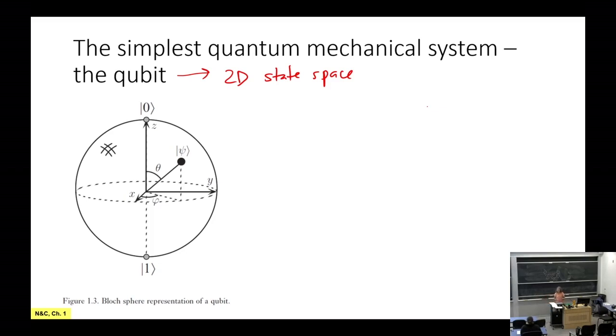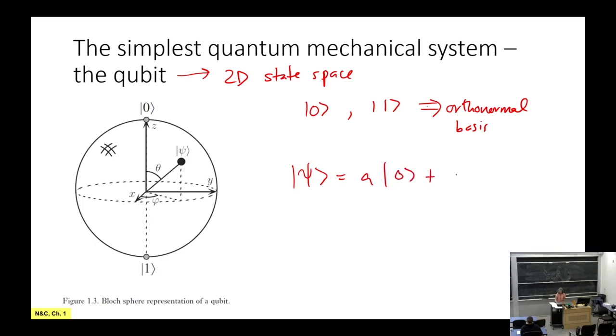If we suppose that our two states, 0 and 1, form an orthonormal basis for this state space, then we can write down an arbitrary state vector in that state space as psi equals A|0> plus B|1>.